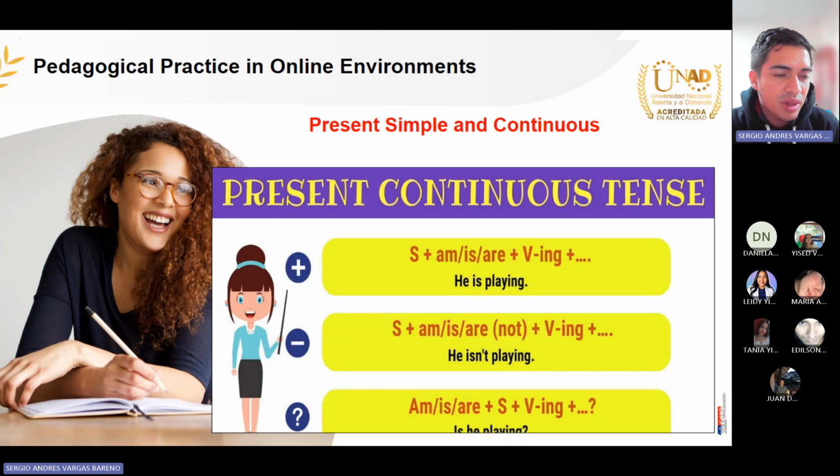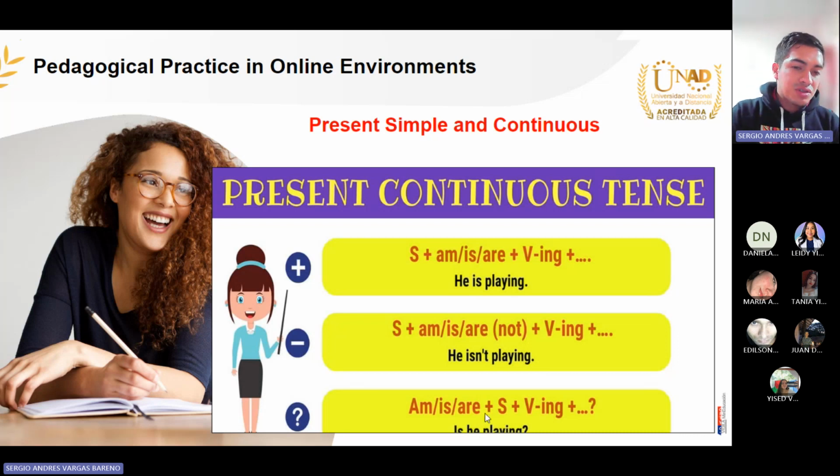He isn't playing. You can write or pronounce he is not playing or he isn't playing. Two forms to pronounce the negative form.